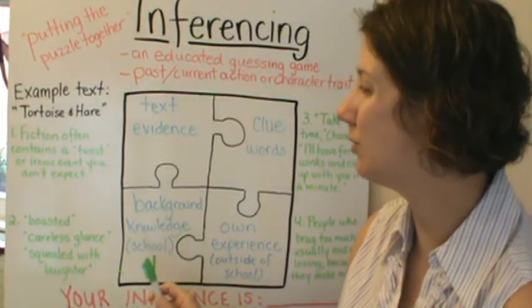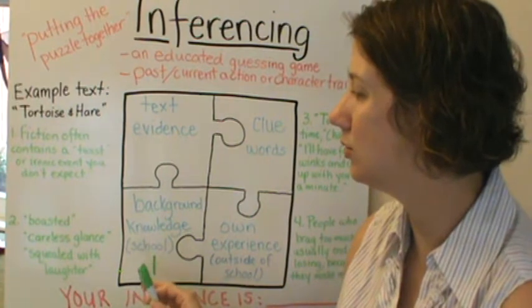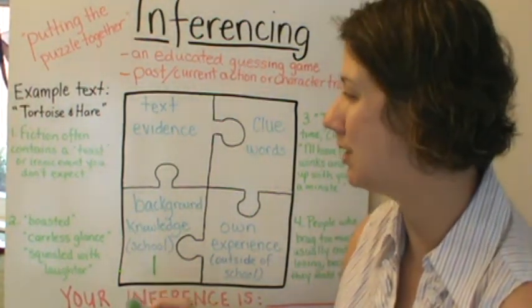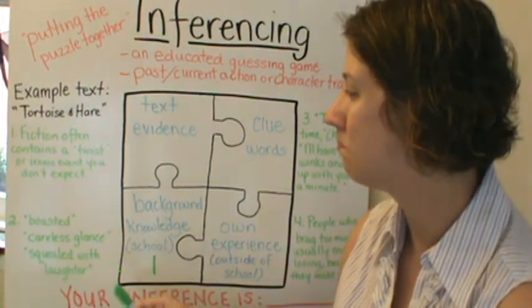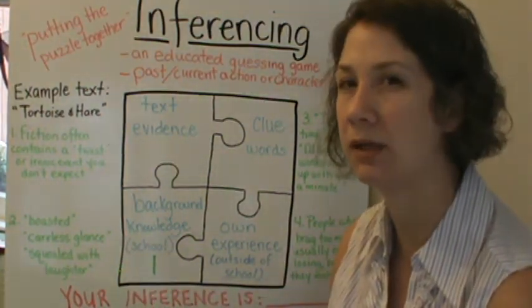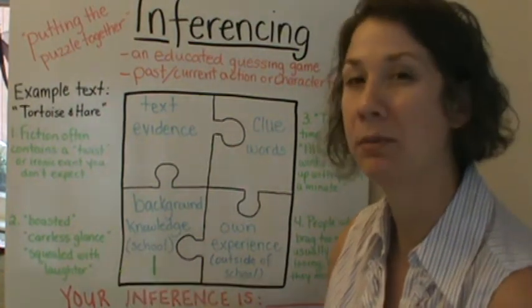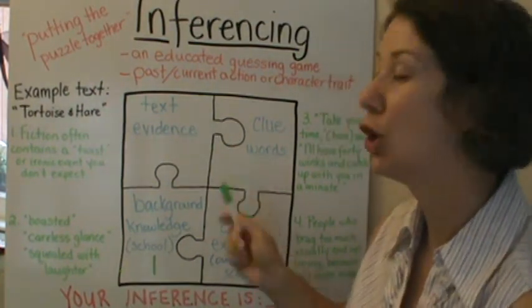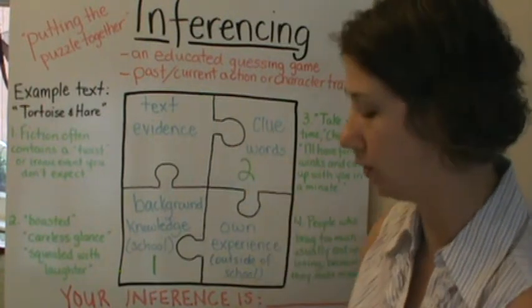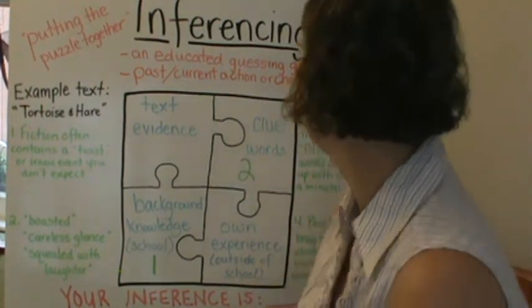But it's also just 1, 2, 3 words. It's really not a whole idea. It doesn't tell me who they're talking about, who boasted, or who has a careless glance, but I think I'm going to be able to make an inference with these clue words. Yeah, definitely clue words. Okay?